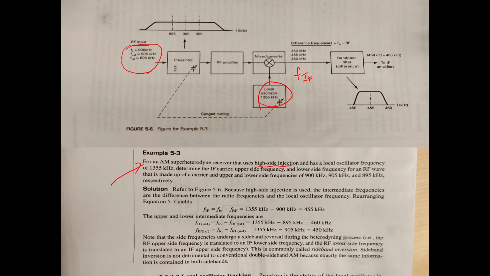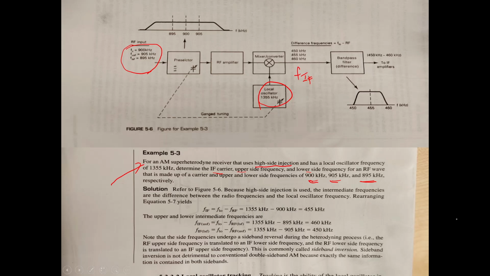Determine the IF carrier, upper side frequency and lower side frequency for an RF wave made up of a carrier, upper and lower side frequency. This is the carrier frequency, this is the upper side band and the lower side band of the RF frequencies. Since we have 3 components of RF, we're going to have 3 components of IF. So we convert one by one.